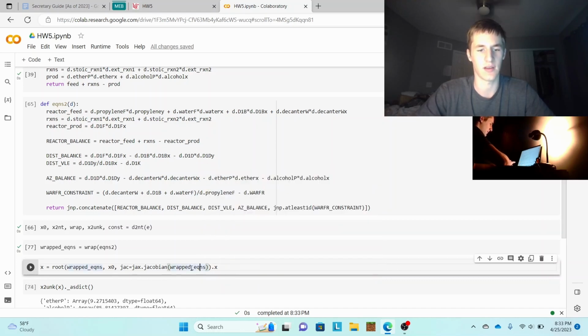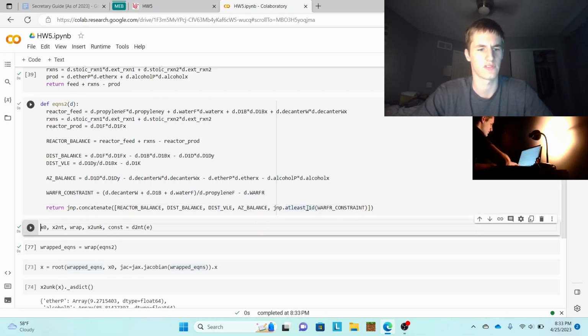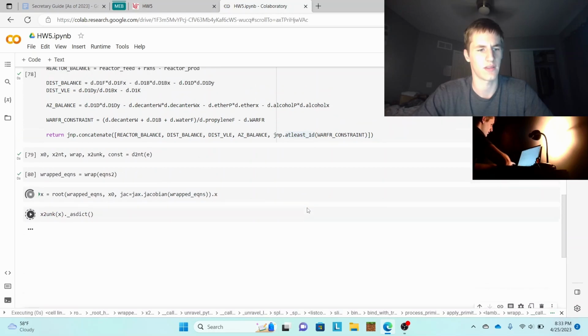And this actually has automatic differentiation, right? So that'll actually be able to use all 17 of our equations here, right? And that's actually also where this jnp comes in, and here in the concatenate. I think this actually needs an underscore here, right? So let's go with that.